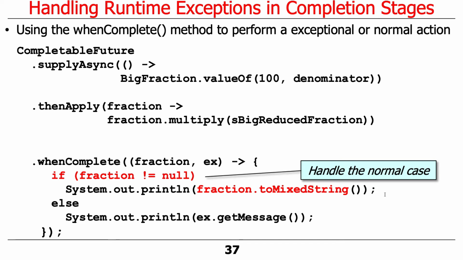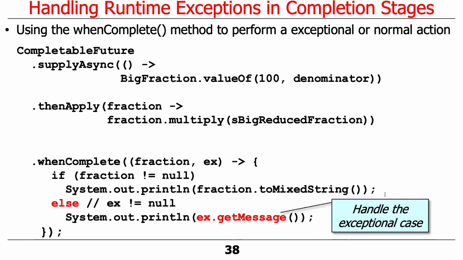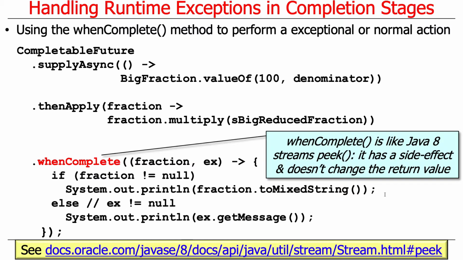However, if fraction was equal to null, in other words, EX was non-null, then in this case, we're going to print out the exception error message that says, divide by 0, or whatever the exception message would be in that particular case. Now, whenComplete's a little different because it doesn't change the result. The result is still whatever the result is. It just has a side effect, which in this case is printing something.